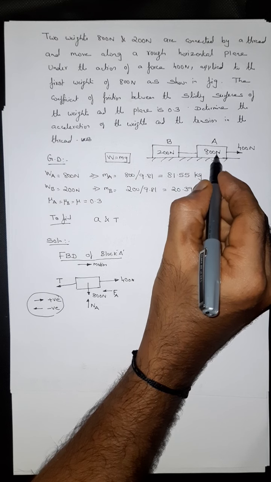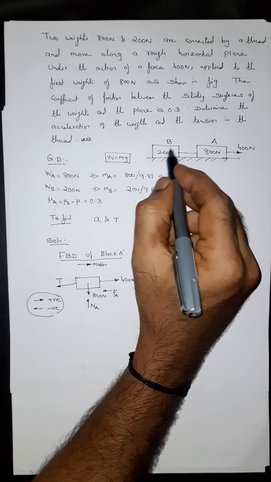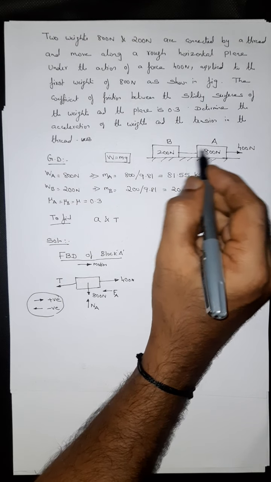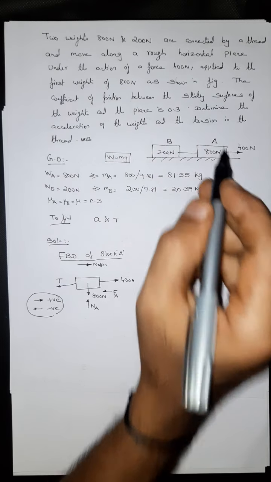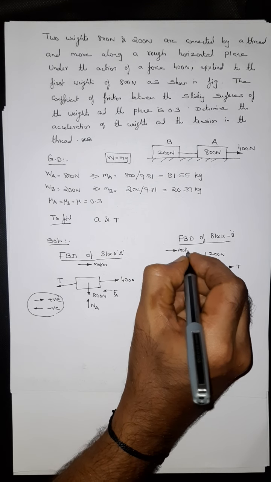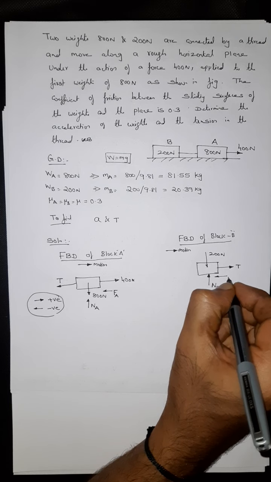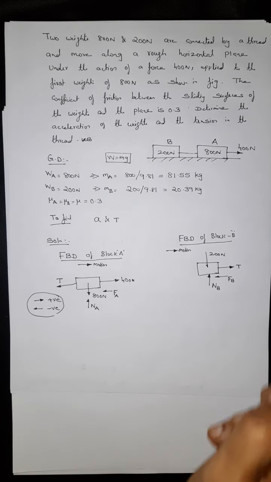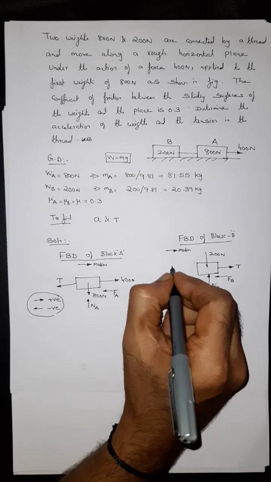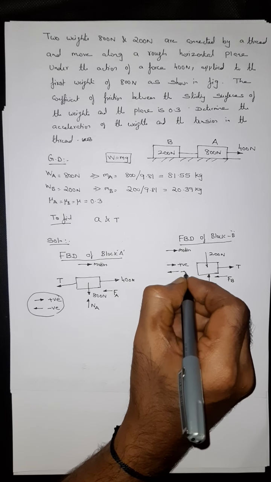So if block A moves in the right hand direction, naturally block B also moves in the positive x axis. So the motion direction is positive x direction, therefore its frictional force would be opposite of this, in the negative direction.